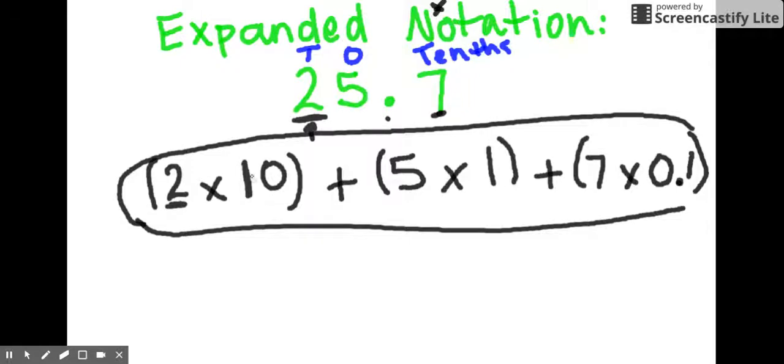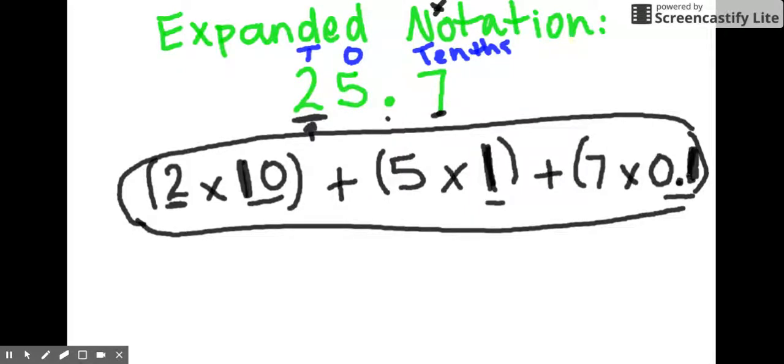Now, if you'll notice with me, there's an awesome pattern. 2 times 10. 5 times 1. 7 times 0.1. So I should never have anything but a 1 and a 0, and 1.